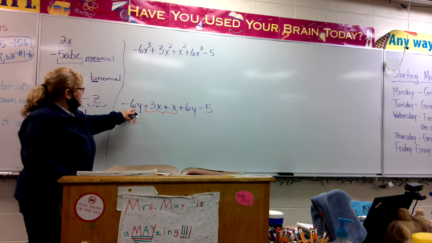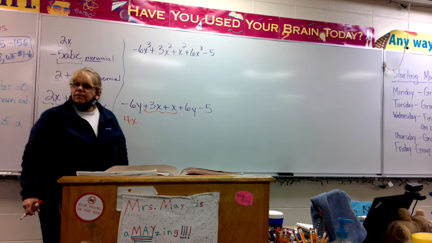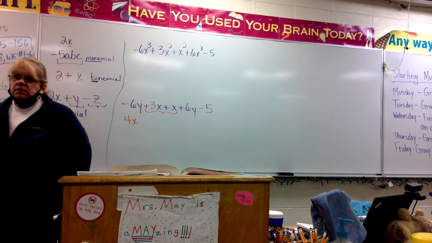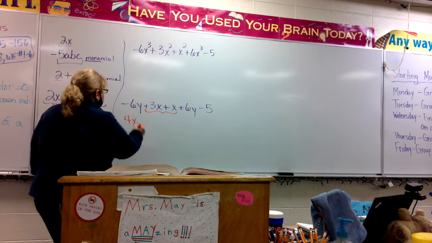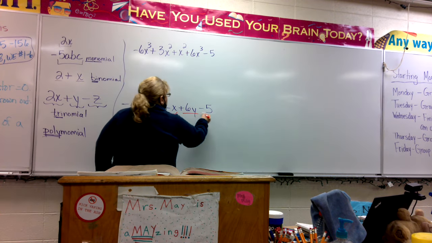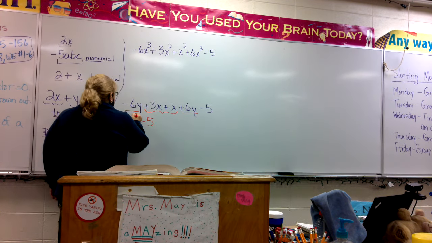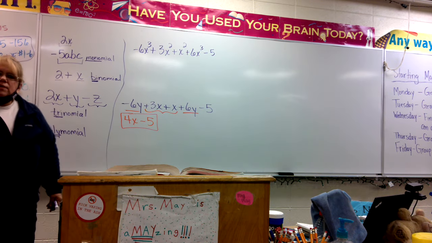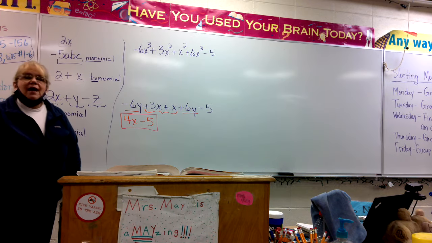What about the y's? Negative 6y plus 6y. Add those up. 0, right? They cancel. And so that takes care of this one and this one. And then I have a minus 5 with nothing else. So there's my answer. I just get 4x minus 5. And when we say we're going to add polynomials like this section says, that's all we're going to do is combine the like terms.